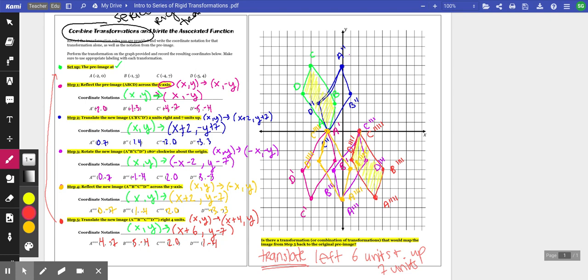So with that being said, if you need to go back and rewatch anything, I encourage you to do that if you need to pause at different places. But hopefully this helped you to begin to think about series of rigid transformations. And if you haven't already done so, that you watch that video lesson.